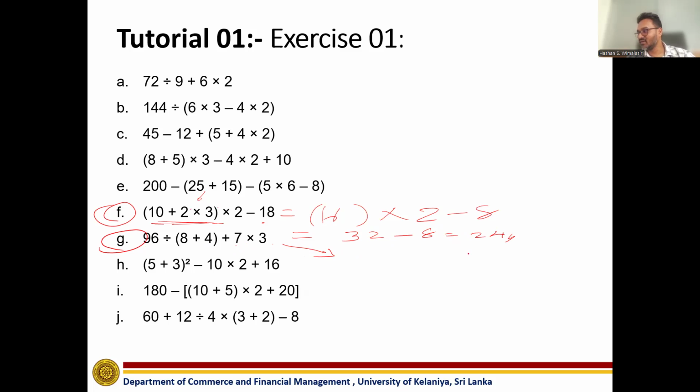Right. For G, 7 into 3, 21 plus 8 and 4. Right. 96 divided by 12 is the first thing we have to do. So for F, have you got 14? Did I make any mistake here? We have to follow the BODMAS rule, no?